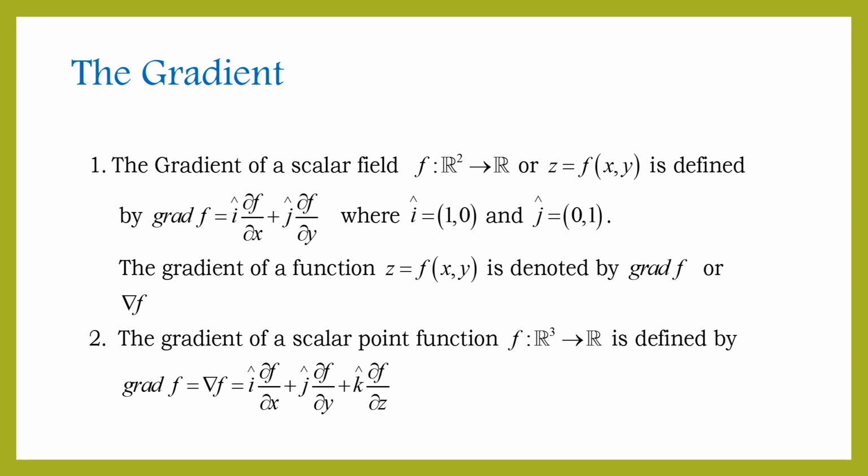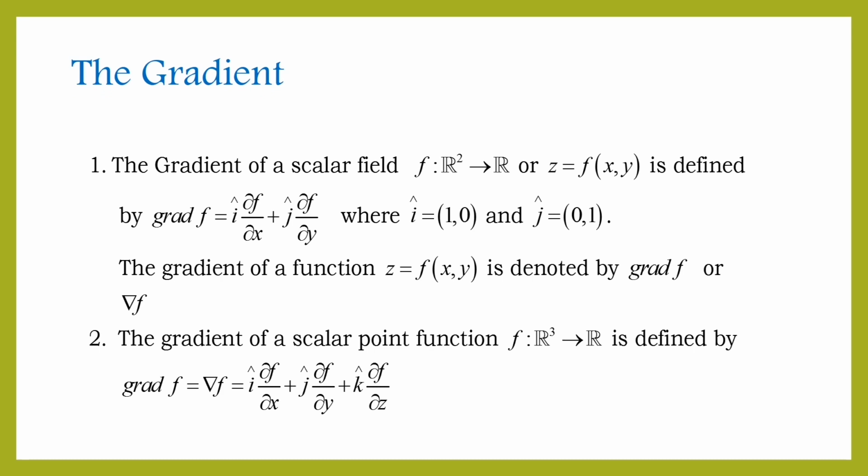We use those two partial derivatives to define the gradient of this particular scalar field. The gradient of this function is defined by grad f or del f equals i cap ∂/∂x plus j cap ∂/∂y.